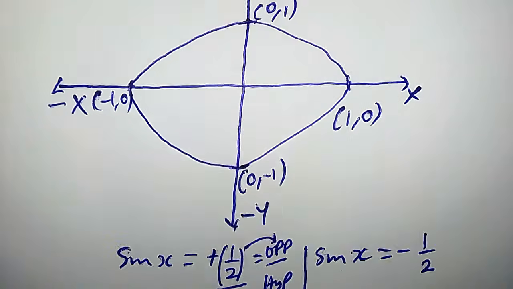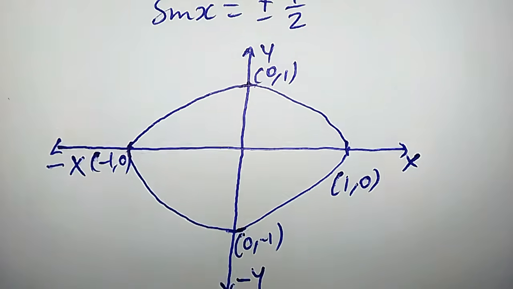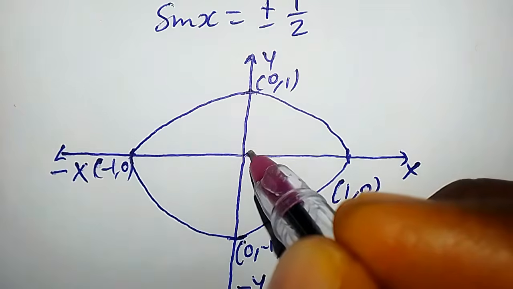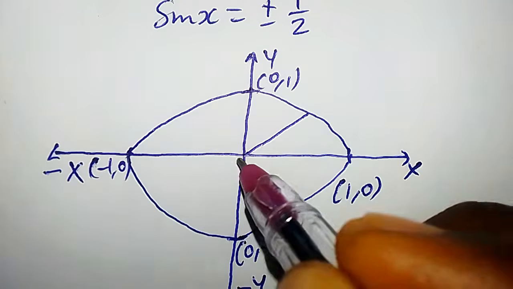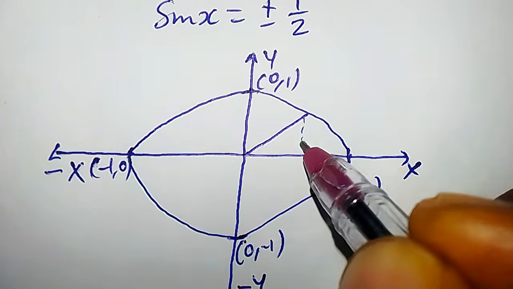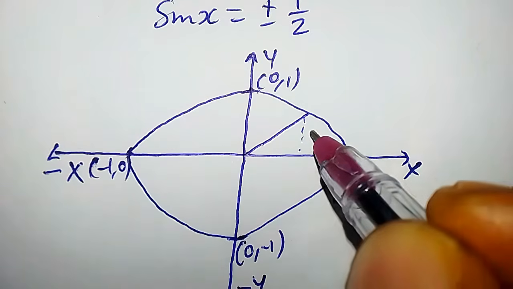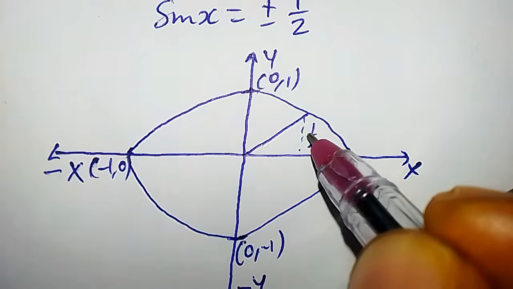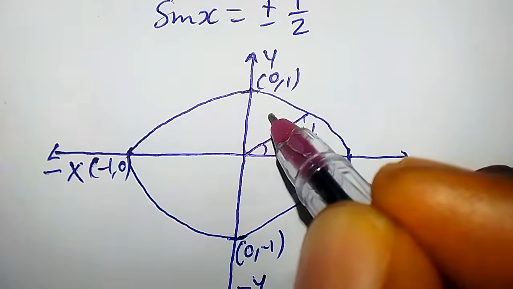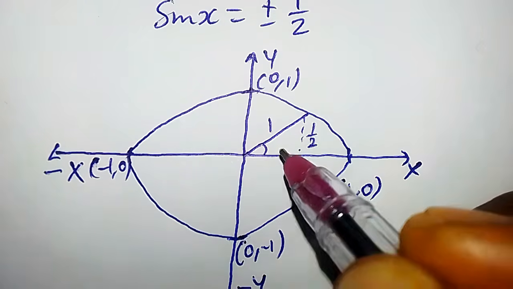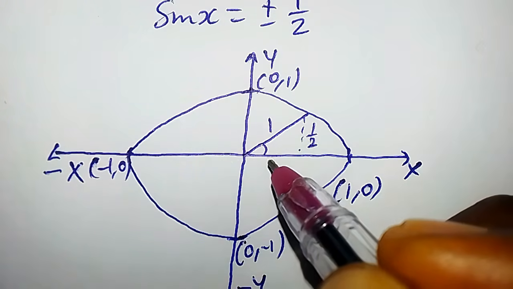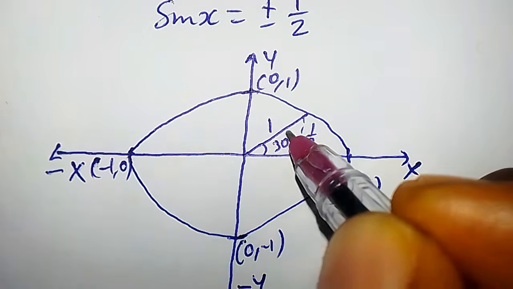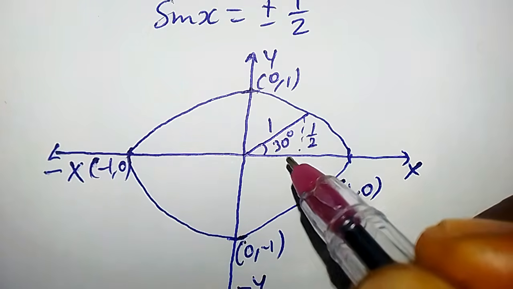So let's go back to our coordinate plane. There is a straight line here coming from the origin. This side is 1 over 2, the opposite side. And this side is the hypotenuse. We have 1. The angle here is 30 degrees. So we have 30 degrees. And what is 30 degrees in radians?